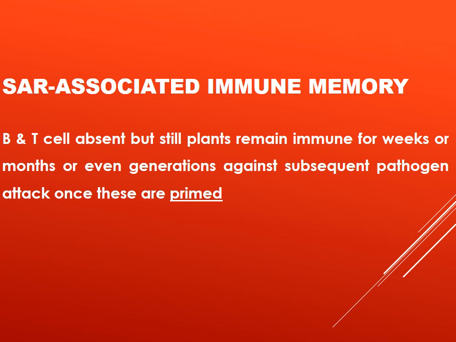This process is known as priming. Priming is a little bit different from vaccination, because in case of priming, the plant tissues are sensitized against the pathogen, and this sensitization helps them to counter the pathogen when it tries to attack them.